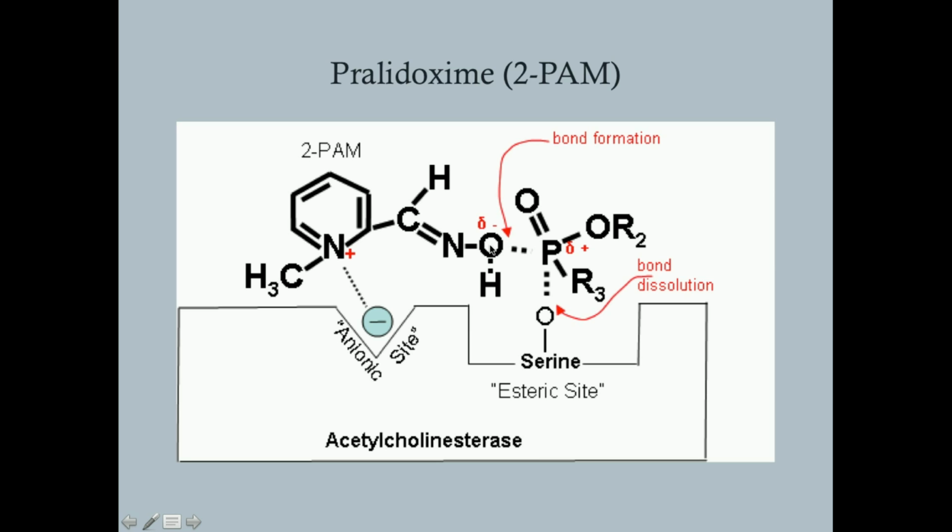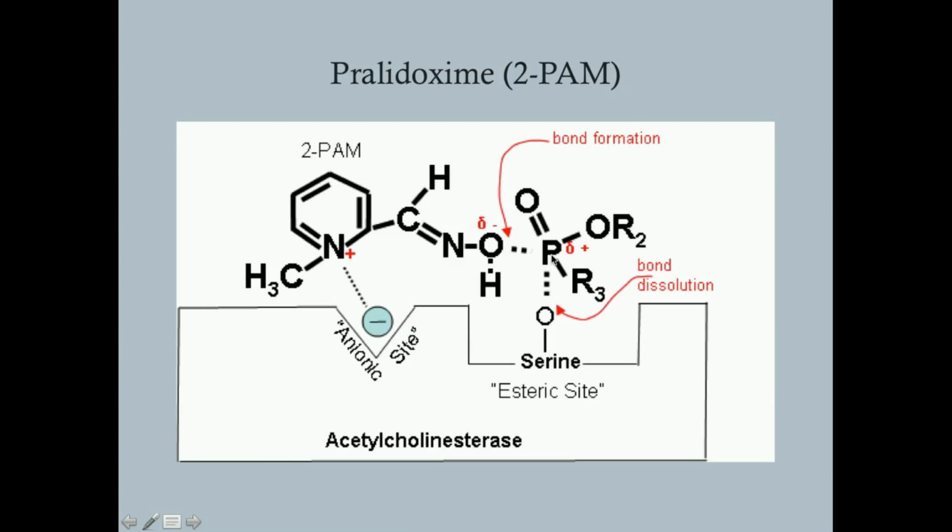So what happens is that oxygen on the hydroxylamine group will donate electrons over to phosphorus, I should say. And when those electrons go over to the phosphorus atom, it's going to push electrons away from the bond between that phosphorus and oxygen, towards the serine.